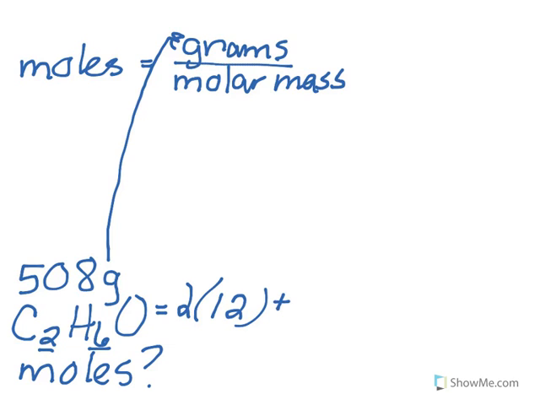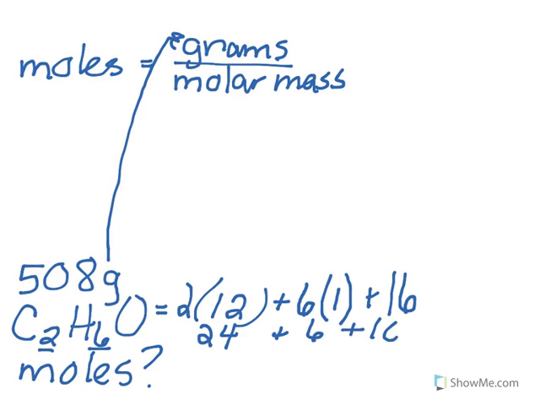Then we will add the molar mass of 6 hydrogen, which have a molar mass of 1, plus the molar mass of oxygen, which is 16. Okay, so we'll multiply first: 24 plus 6 plus 16 equals 46. So our molar mass of ethanol is 46 grams per mole.